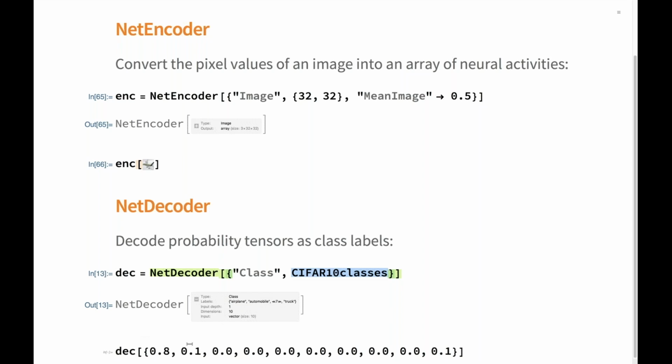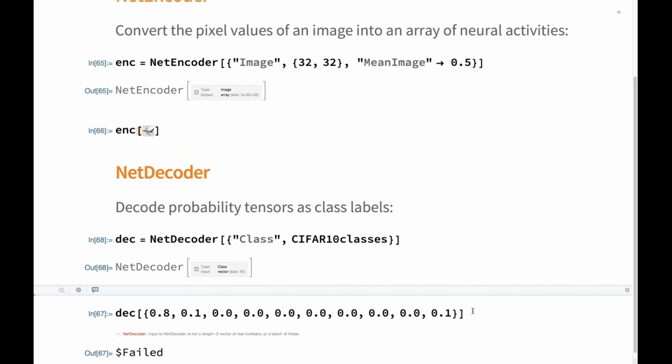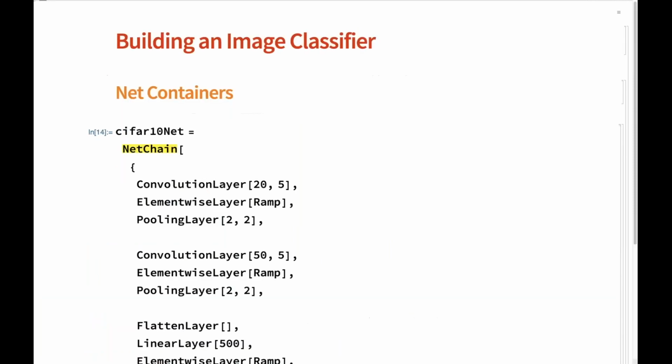In a small example, if I pass a probability vector of size 10, it will give me the result. So we have now defined the net encoders and decoders as well.